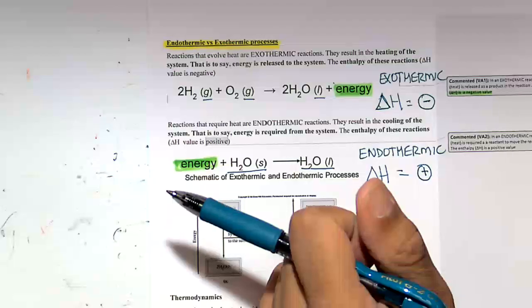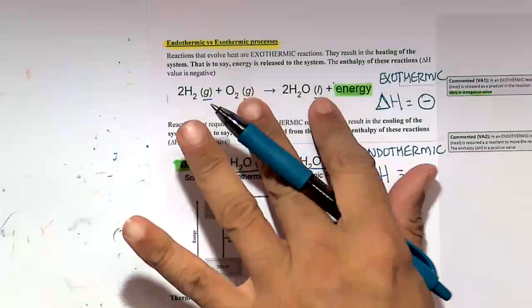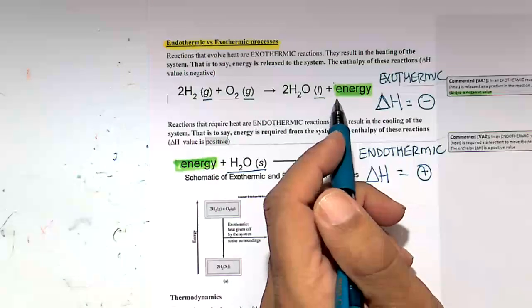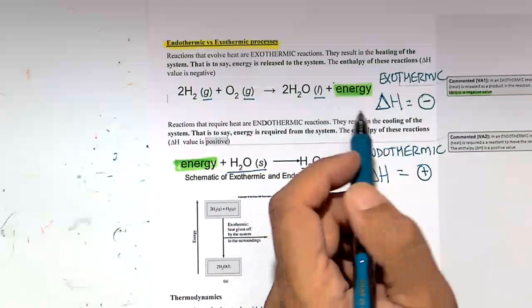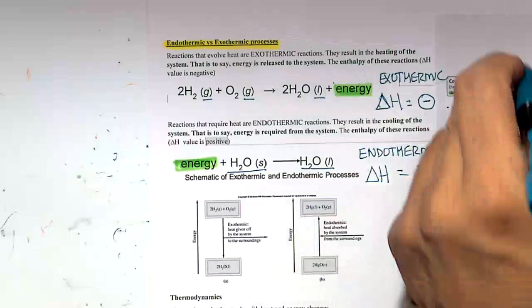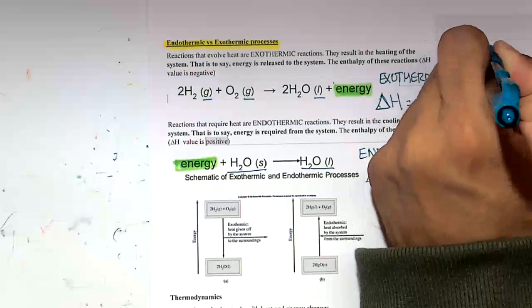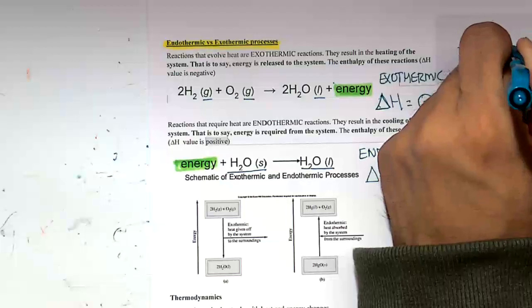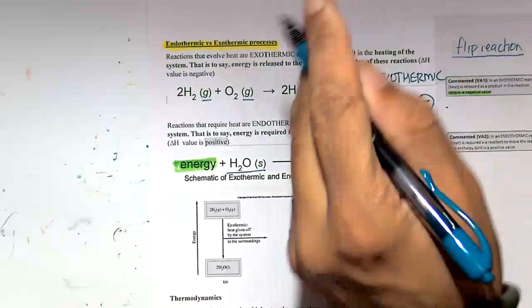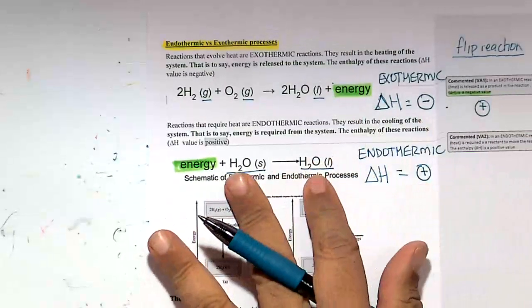What will the reverse reaction be? What happens if I flip this reaction? This will be endothermic. If you flip the reaction, now energy is on the reactant side, so this becomes endothermic.